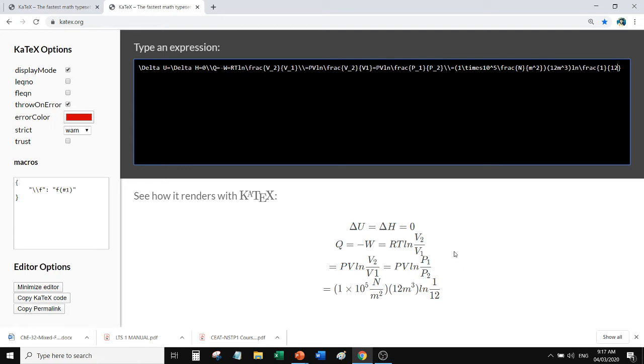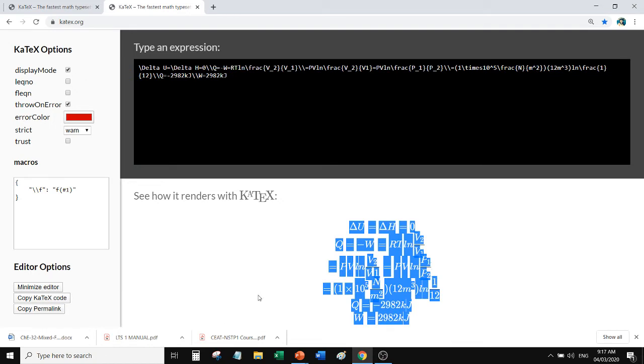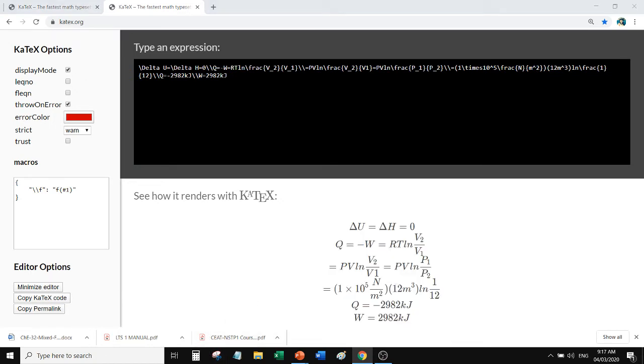Solving this problem, we get Q equal to negative 2982 kilojoules, and W equal to 2982 kilojoules, since Q is equal to negative W.